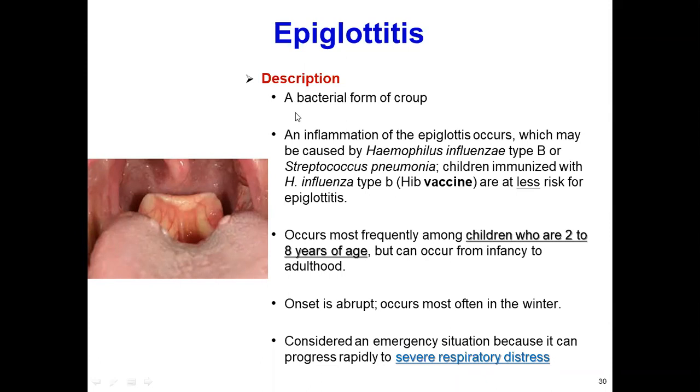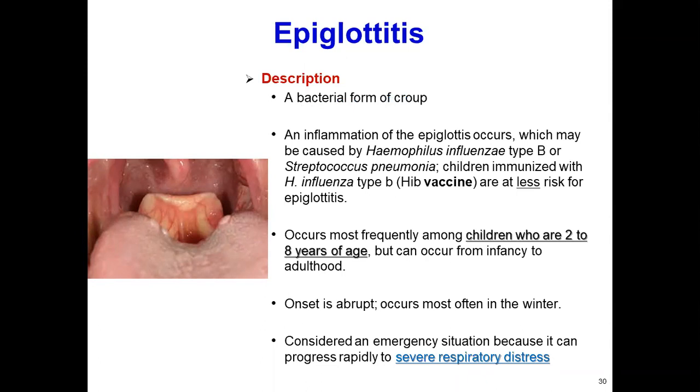So here we go. It is a bacterial form of croup. If I ask you, what is epiglottitis and what does it do? Your answer would be, it is a layer of skin at the base of the tongue.